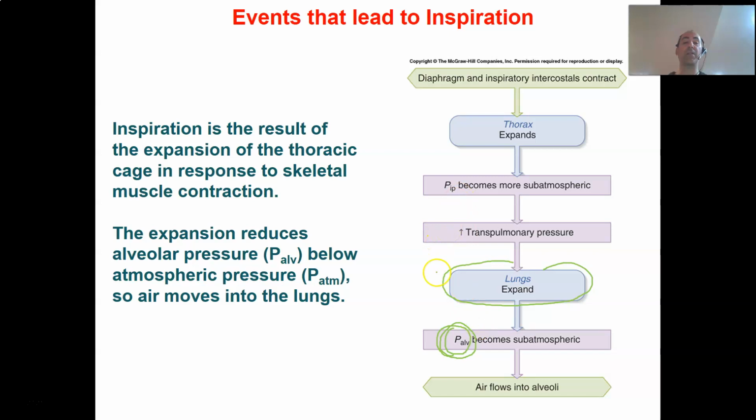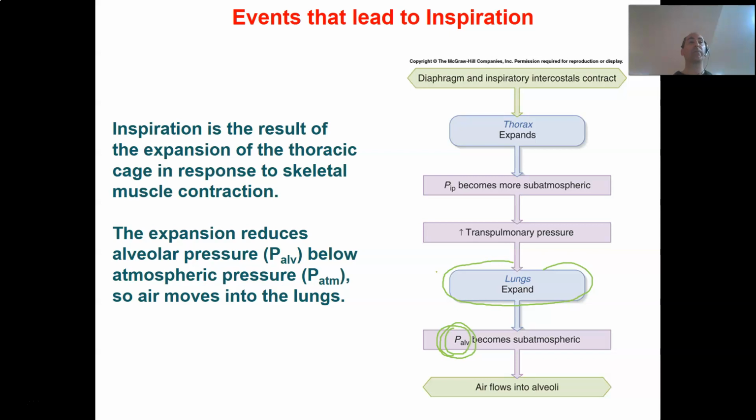So air flows into the lungs because the pressure inside the lungs is lower than atmospheric. Another thing I forgot to mention is no matter where you are on the planet, the air you breathe in is always the 0 point, right?